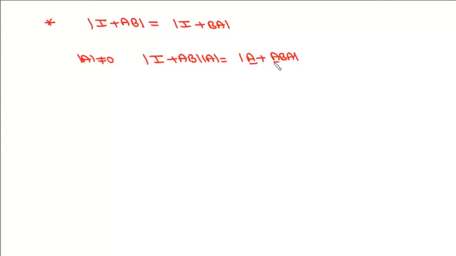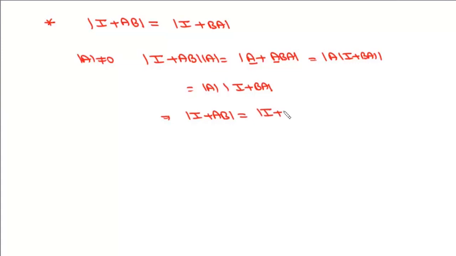Now we'll take A common from the left. So it will be determinant of A into I plus BA, which is determinant of A into determinant of I plus BA. Now this determinant of A will cancel. So we can write determinant of I plus AB will be equal to determinant of I plus BA, provided determinant A is unequal to 0.